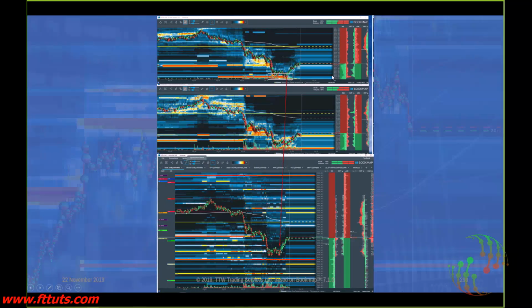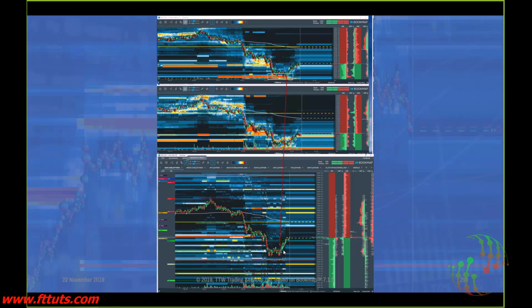The second and last one I would like to discuss with the sweeps is when you see the same behavior in NQ, in YM, and in ES. Therefore, if you are going to trade this system or make your own strategy around it, please put NQ, YM, and ES on your chart.